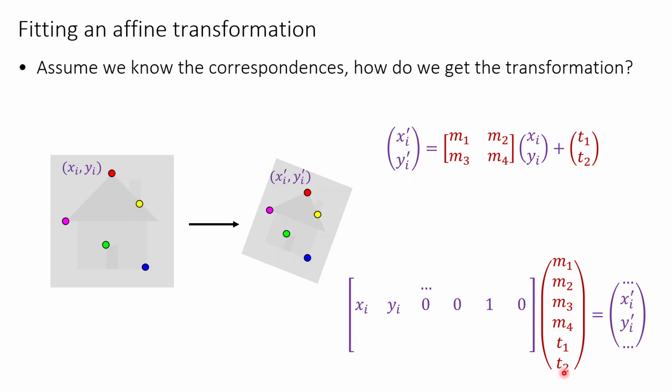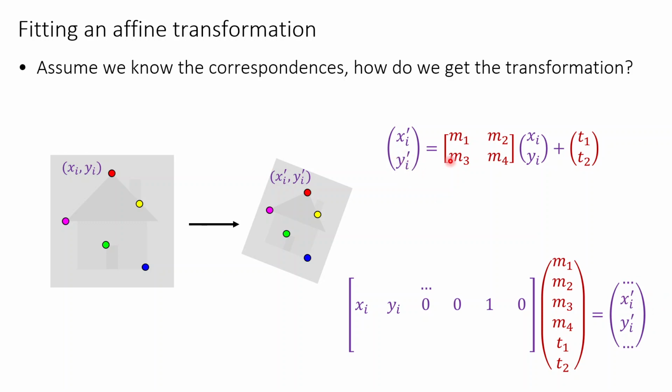as the vector that we need to find, and then x1, y1, 0, 0, 1, 0. So you can see that's what we get here. X1 multiplies with m1, that's why m1 is here. Y1 multiplies with m2, and then t1 is there. So that is my xi prime.